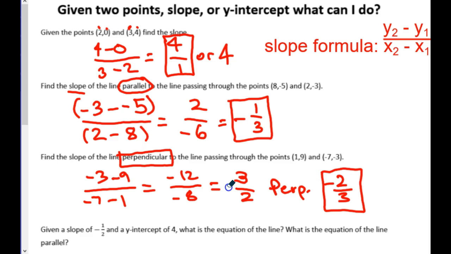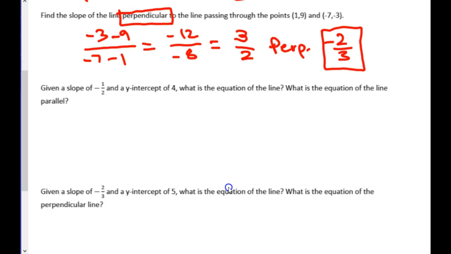Okay, 2 more on this page, on these notes. So given a slope of negative 1/2 and a y-intercept of 4, what is the equation of the line? Now, if you're given a slope and a y-intercept, can you write an equation of a line? I hear yes. What are you going to do to get that equation? All right, good. So y equals mx plus b is called slope-intercept form.